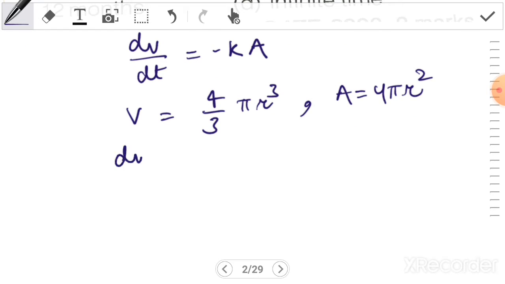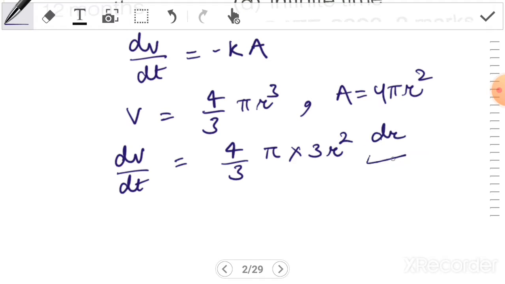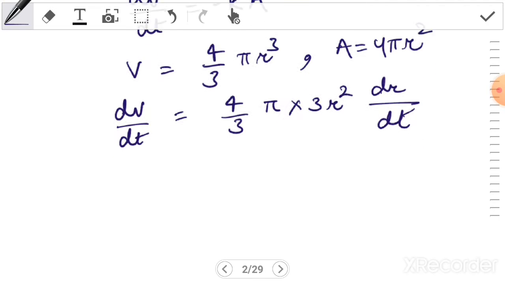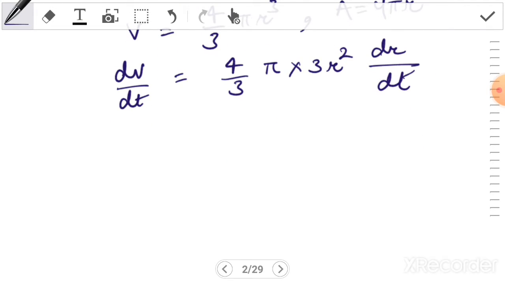Okay, so dv by dt is equal to 4 by 3 pi times 3r square and dr by dt. That is equal to 4 pi r square dr by dt.